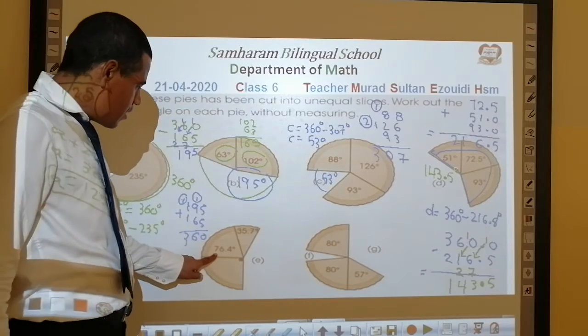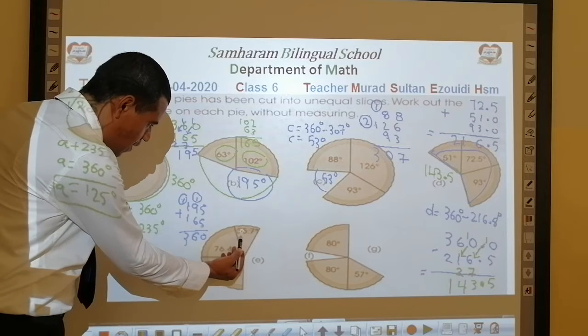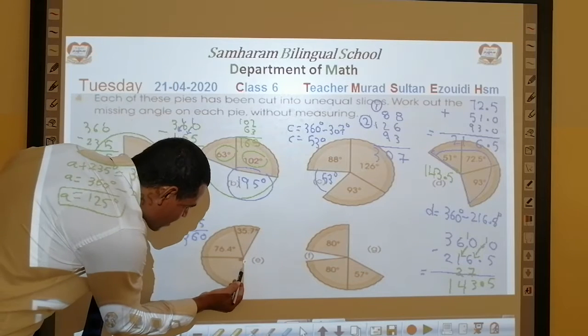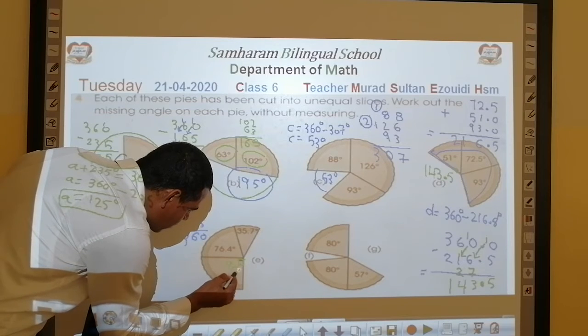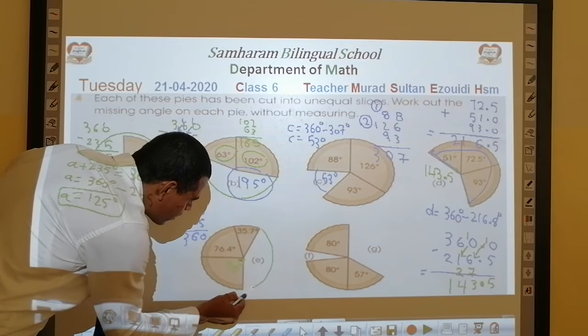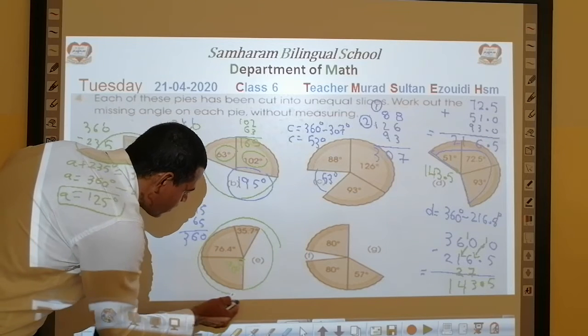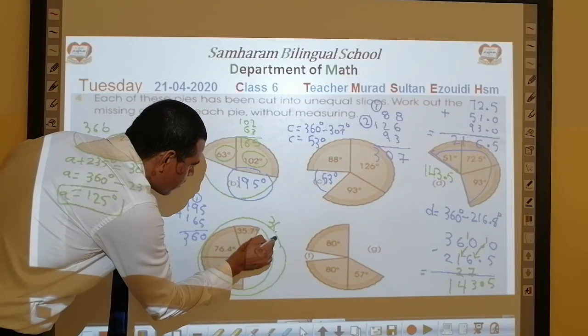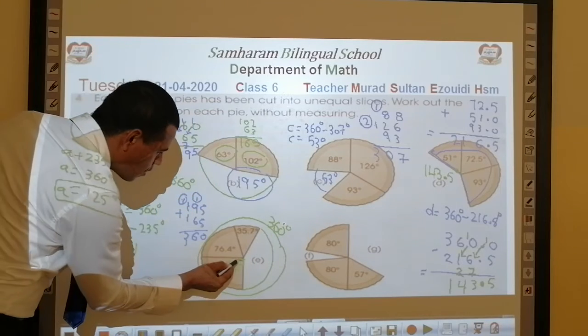Here we have 76.4, this is 35.7, and this is 90 degree, my kids. You can see this small square, this is 90 degree. To find this one, just make 360 minus the total of this.